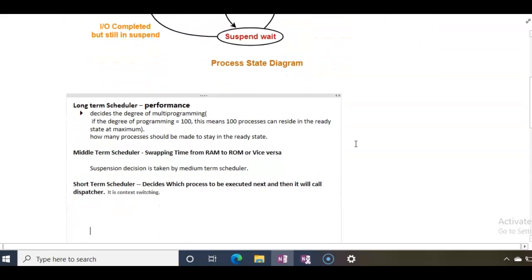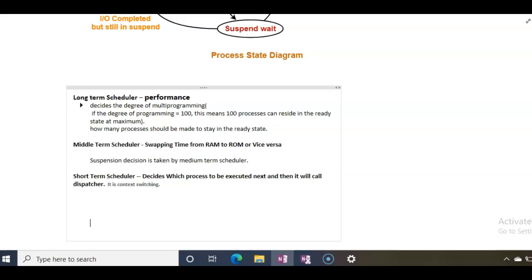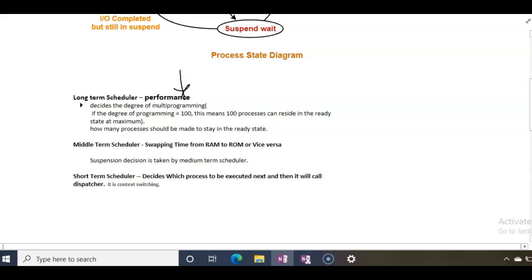So basically, this is the long-term scheduler, and it is related to the performance of the system. The long-term scheduler is directly connected to the performance areas of your system, and it decides the degree of multi-programming. This is a term, degree of multi-programming.